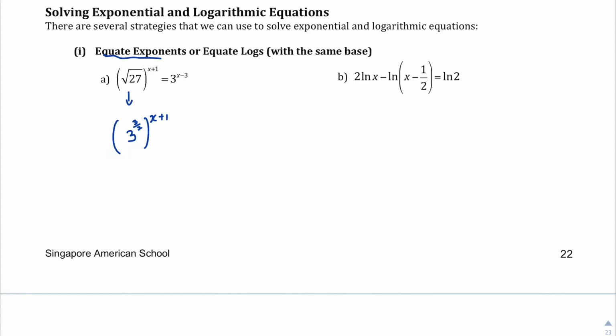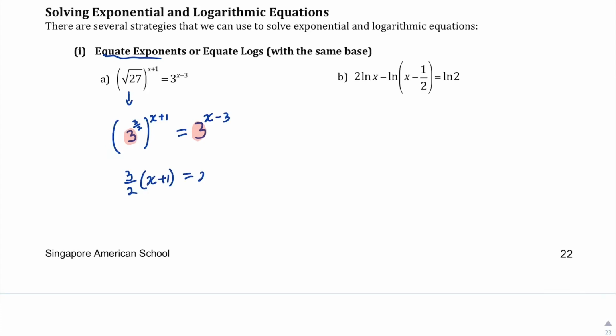Also being raised to the power of x plus 1 is equal to 3 to the power of x minus 3. Since the two sides of the equation are equal in value and have the same base, our conclusion must be that the exponents are equal.